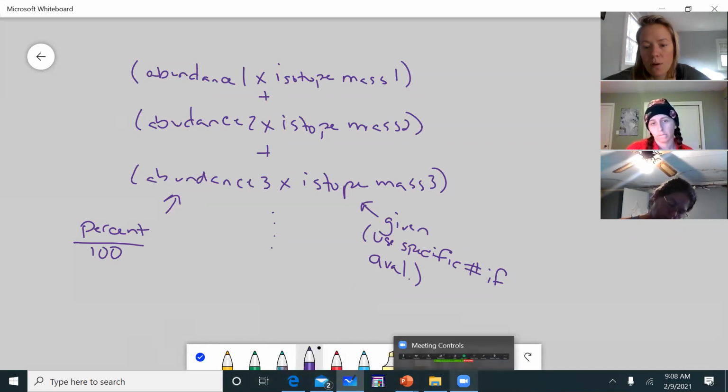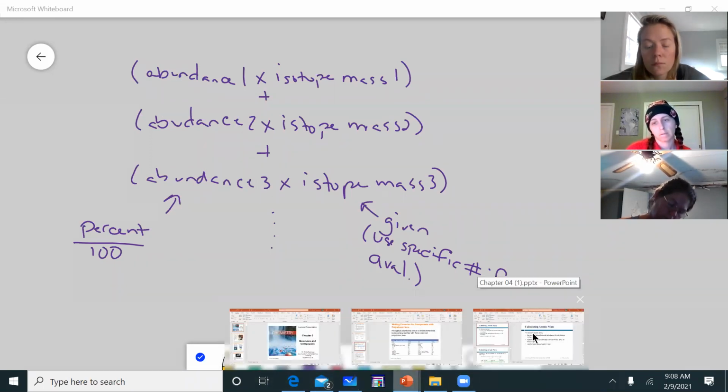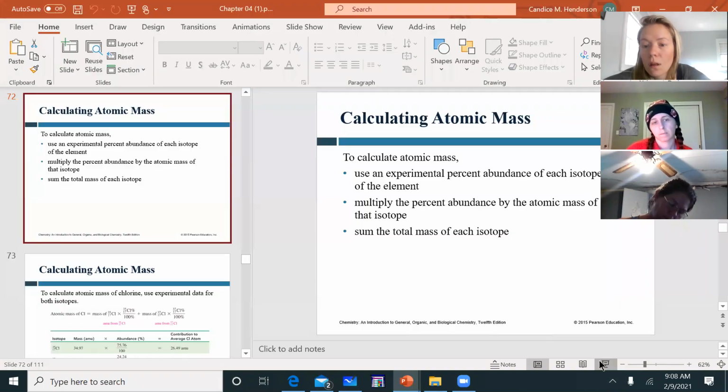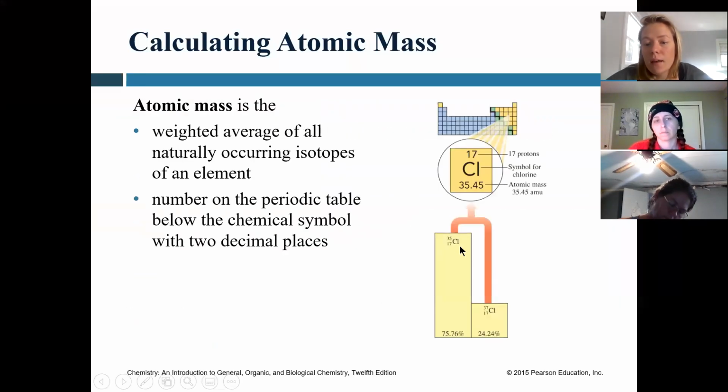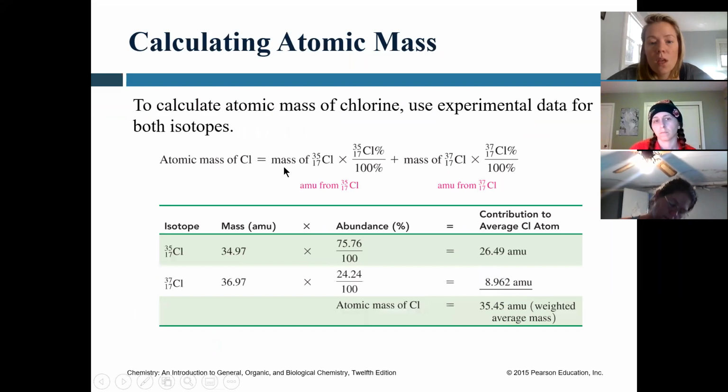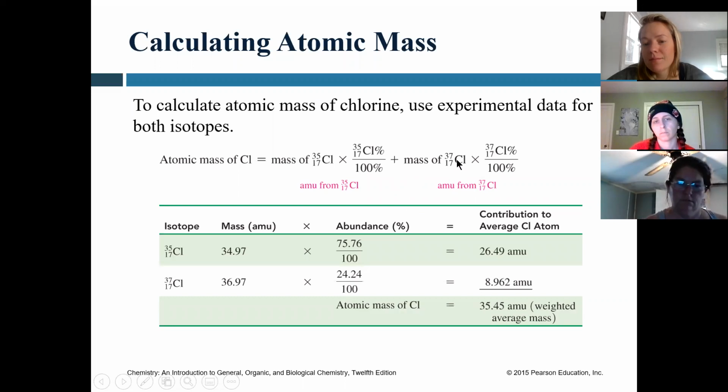So let's look at what they had going on for chlorine. Chlorine has two isotopes, chlorine 35 and chlorine 37. It's 3/4 and 1/4. So what we're going to do is take whatever our percentage is, divide it by 100, multiply it by the mass, plus the other isotope, divided by 100, the percentage, and multiplied by the mass.